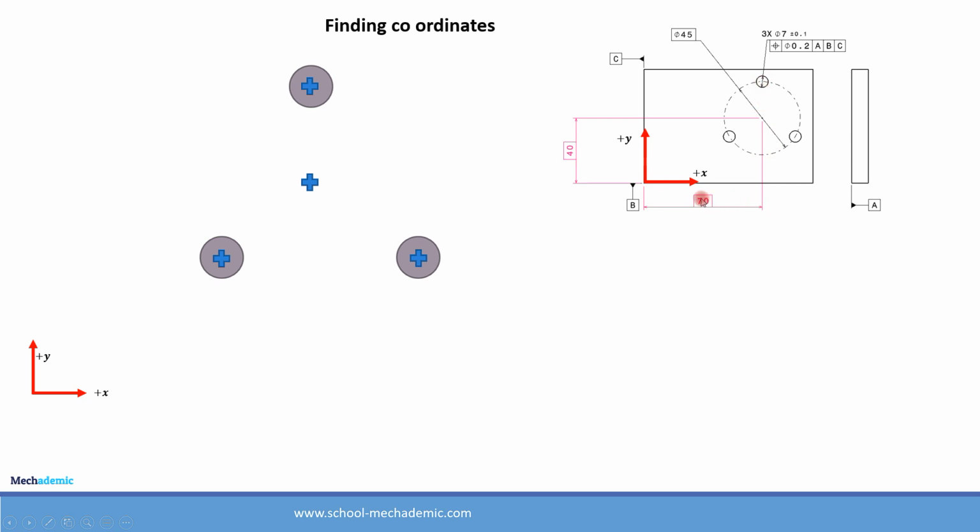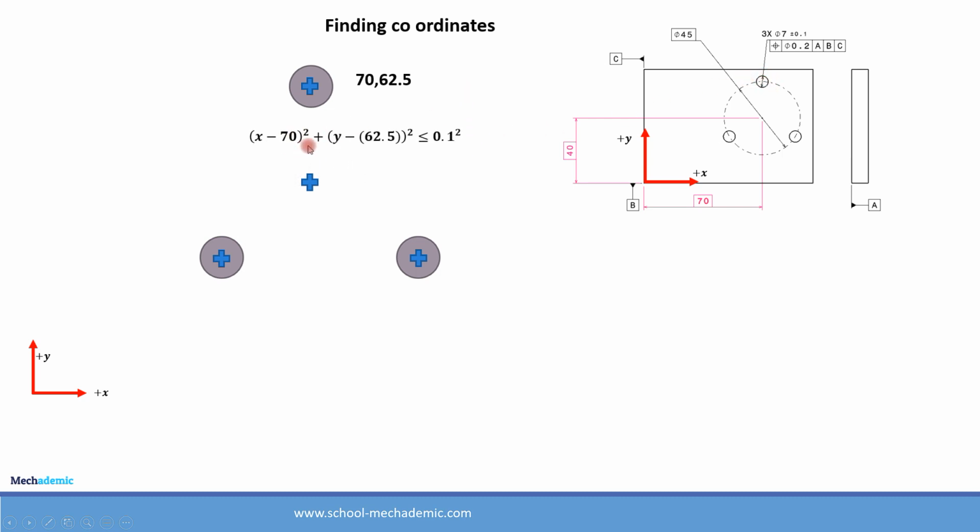So x coordinate is 70 and y coordinate is 40 plus half of this pitch circle diameter, which is 45 divided by 2, that is 22.5. So 40 plus 22.5 is 62.5. So 70, 62.5 are the coordinates for the center of this tolerance zone, which is defined concentric to the hole over here.